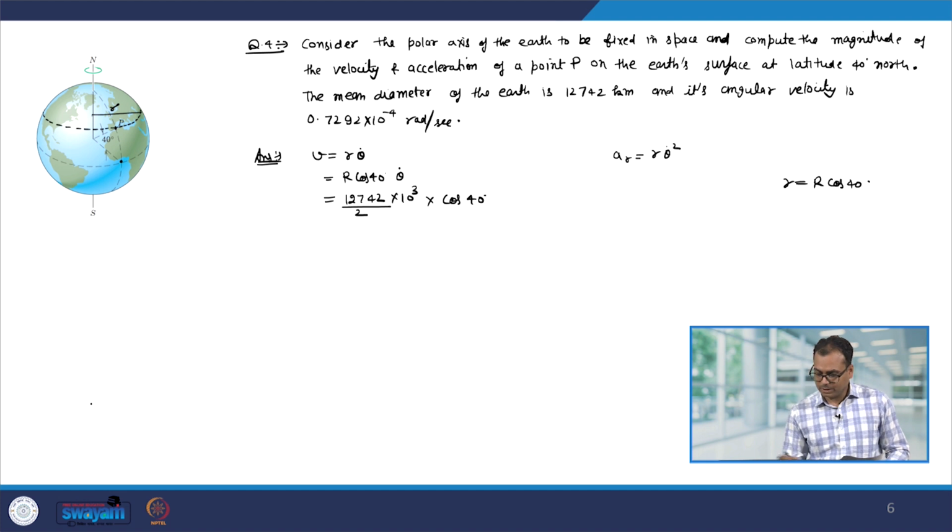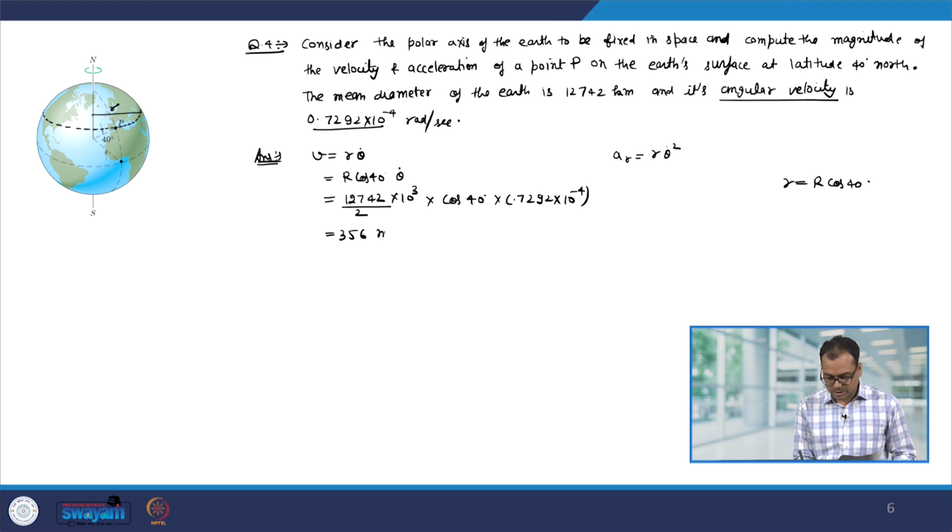Theta dot is given in the question, angular velocity is 0.7292 into 10 to the power minus 4. So let us multiply it by that, and this comes out to be 356 meter per second.